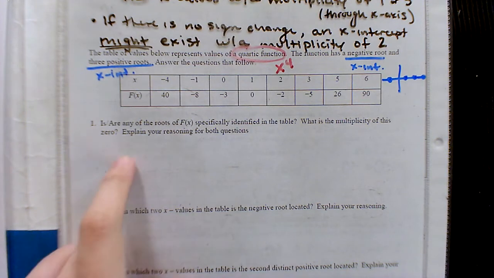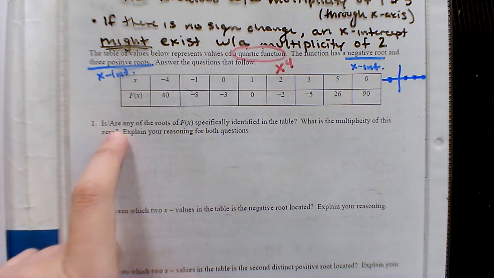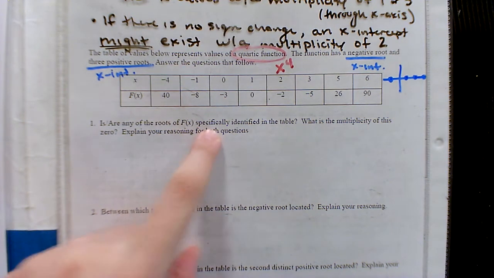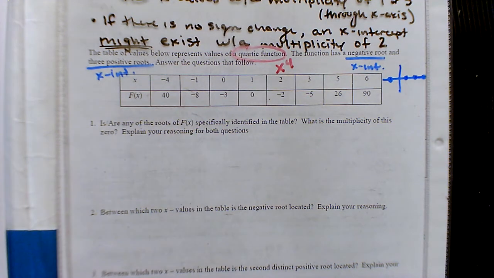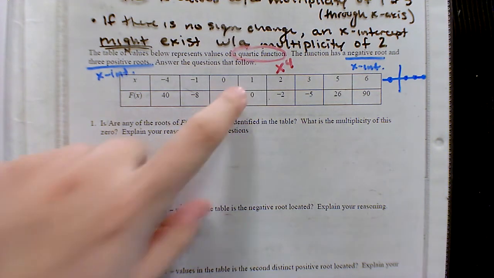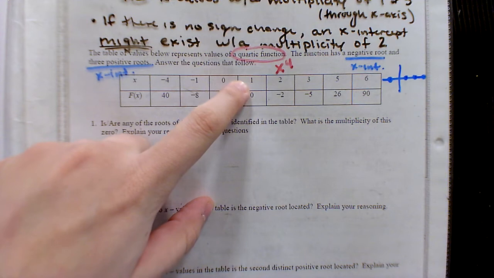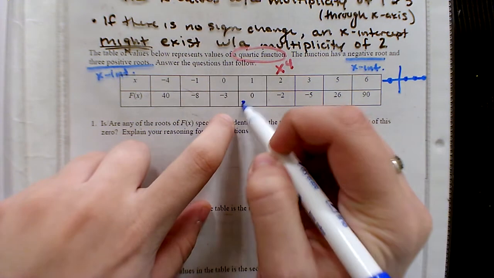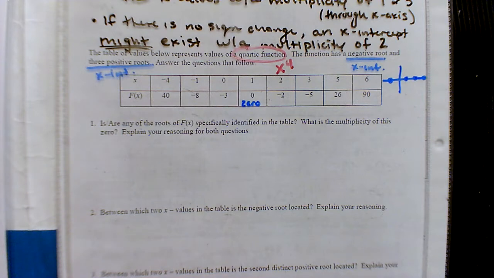So let's take a look at the table to help us answer some of these questions. Are any of the roots or x-intercepts specifically identified in the table? So based off those numbers, can you give me an x-intercept, or more than one perhaps? What do you think, Rebecca? 1 is an x-intercept. Okay, notice how when you have an x value of 1, your y value is 0, signifying you are on the x-axis.